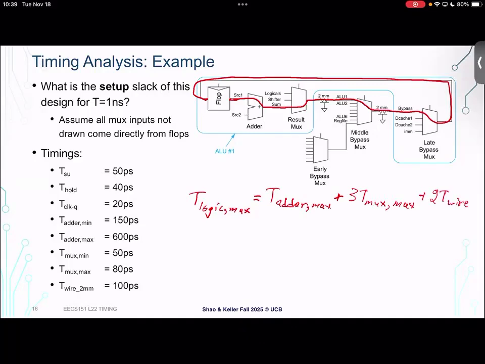That's the delay through the combinational logic in this path. If we add those all up, 600 picoseconds plus 3 times 80, which is 240, so that's 840, plus 200 here. So this is 1040 picoseconds.